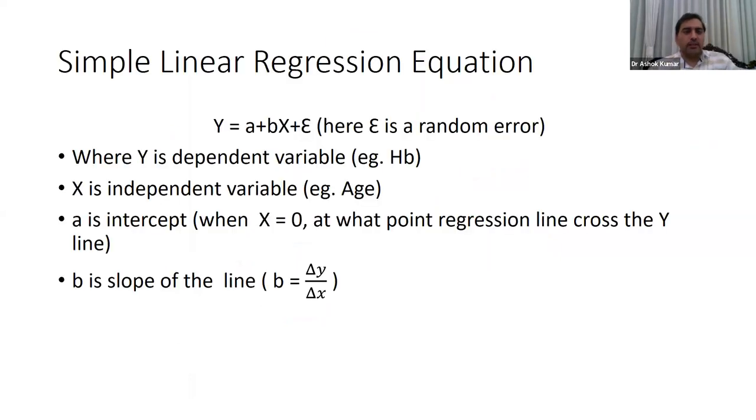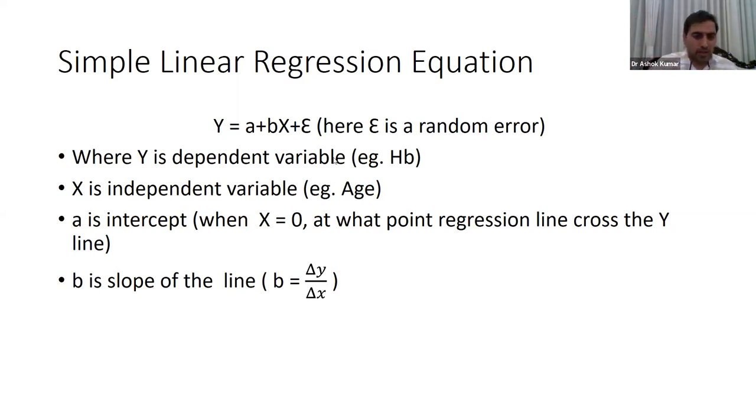In simple linear regression, the equation is y is equal to a plus bx plus epsilon. Here epsilon is a random error, so in statistical language we write plus epsilon, that is e. When we calculate it in actual practice, we ignore this plus e or epsilon.